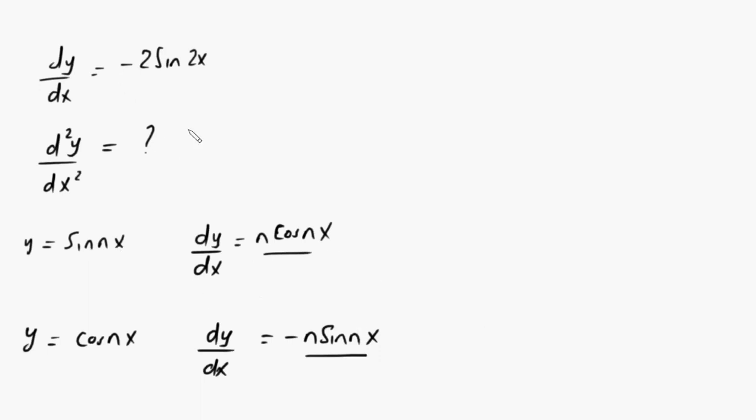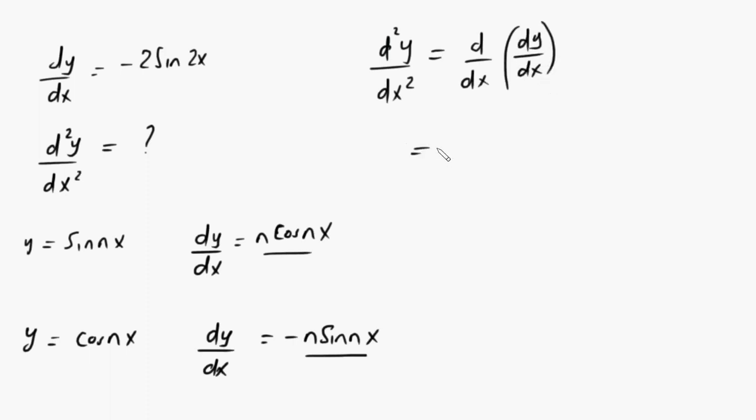So here, what do I differentiate? dy/dx, which is negative 2 sin 2x. Negative 2 is a constant, so I take it outside, so it's just negative 2 d/dx, and inside I remain with sin 2x.